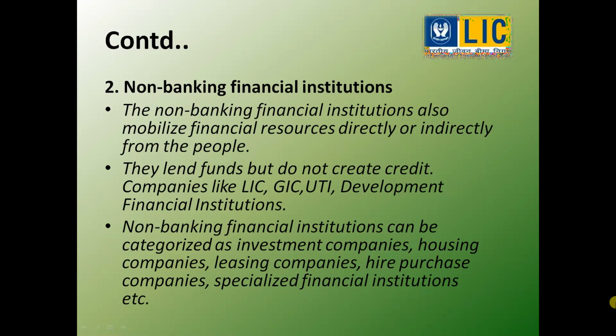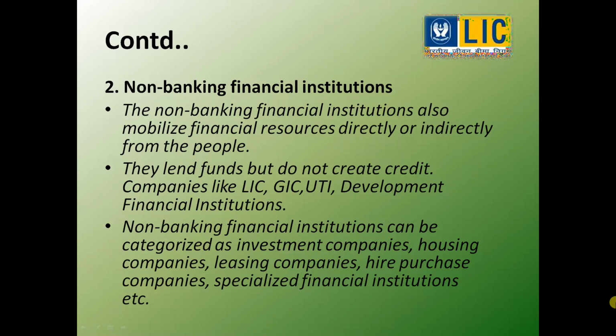Now, coming to the second type, that is non banking financial institutions. The non banking financial institutions also mobilize financial resources directly or indirectly from the people. They lend funds but do not create credit.